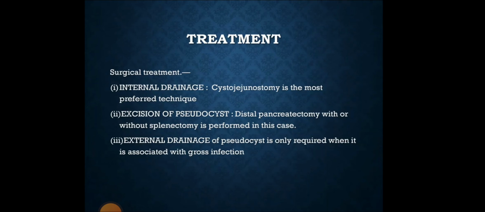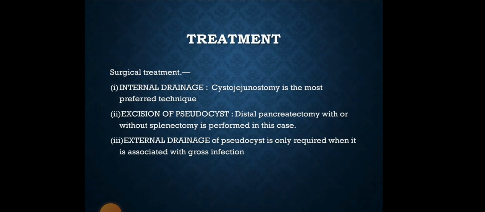But if required, surgery is indicated when it is not resolved on its own after 6 weeks, if the size of the pseudocyst is increasing, 5 to 6 centimeters or more, if there is a chance of or evidence of secondary infection, or if any other complications develop. Otherwise, acute pseudocyst will resolve without any treatment.